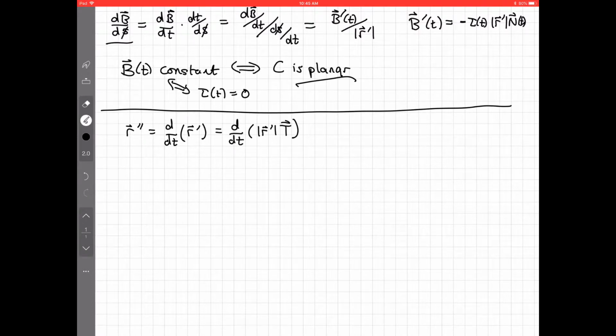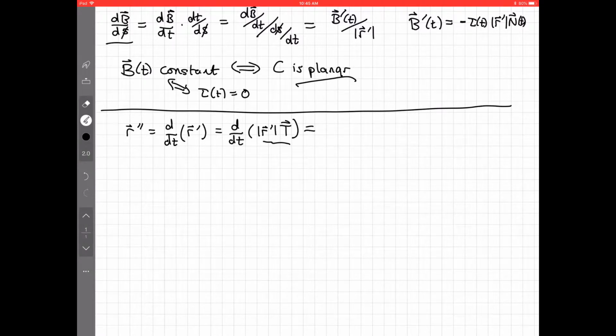That's the decomposition of r prime into its magnitude and its direction, because the unit tangent is just r prime normalized. Or, more algebraically, t is r prime over the length of r prime. The length of r prime would cancel, and we'd be left with just r prime.